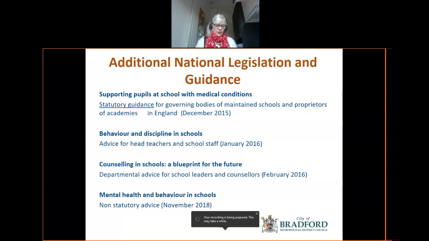Behaviour and Discipline in Schools, January 2016. This document clearly outlines what schools need to do in terms of managing pupil behaviour and the types of discipline they can use. The language is particularly direct, referring to punishment, sanctions and reasonable force. However, embedded within the document is reference to Section 91 of the Education and Inspections Act 2006.